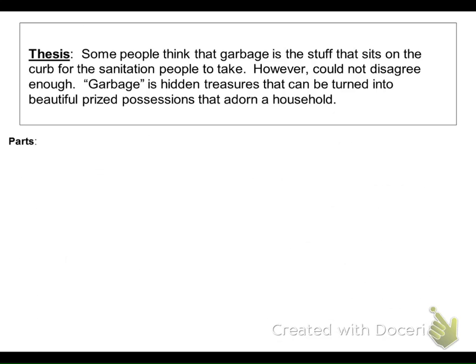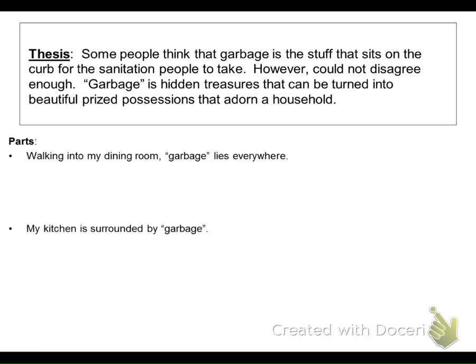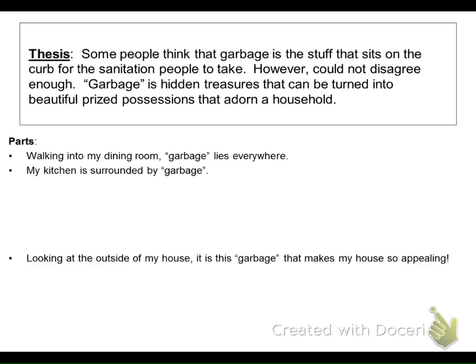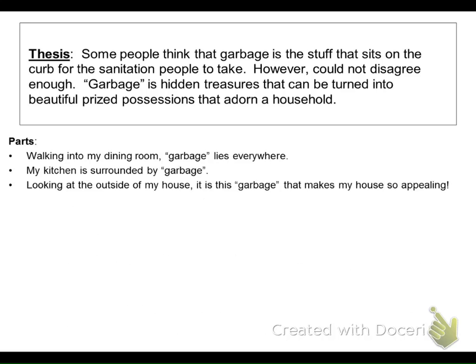As you remember, I was proving this with parts. I was saying that there's garbage in my dining room, there's garbage in my kitchen, and there's garbage outside. So I have to ask myself, which one of these could I come up with a list of examples for? All right, pens are down and eyes should be up here.